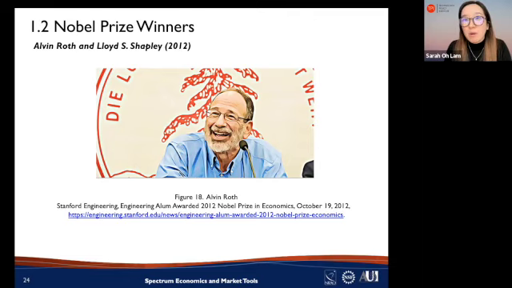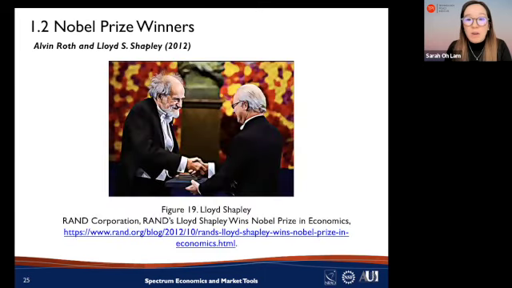His work in matching markets also influenced organ donation markets like kidney and other organ lists. And his work also looks at mechanism design and auction design. And so a lot of the work that he's done has gone into the background for spectrum auctions. And Lloyd Shapley as well has done work in market design.